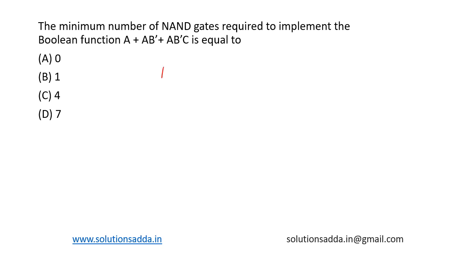We have A plus AB bar plus AB bar C. So taking A as common, we have A into 1 plus B bar plus B bar C. This is equal to A into 1, which is equal to A. So here there is no requirement of NAND gates as we just need to implement A. So the correct answer here is no NAND gates. So answer is option A, 0.